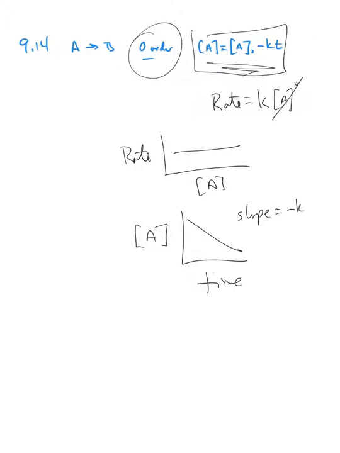And the numerical value here on 14, actually this is just a thought problem, there's no numbers involved, but the rate constant is just going to be the negative of the slope. And it asks you to think a little bit too about the half-life.